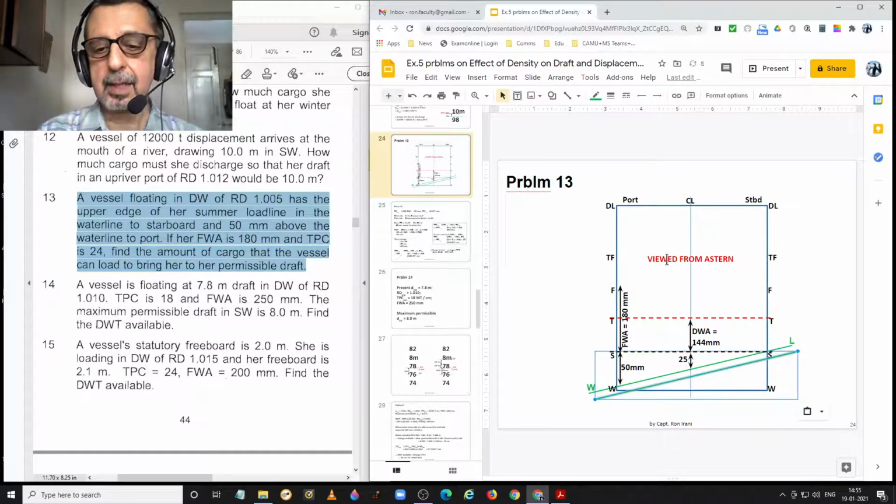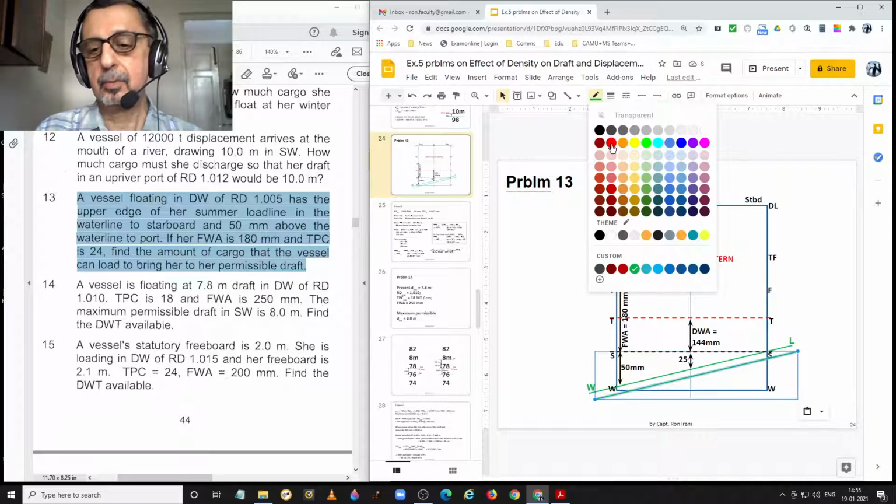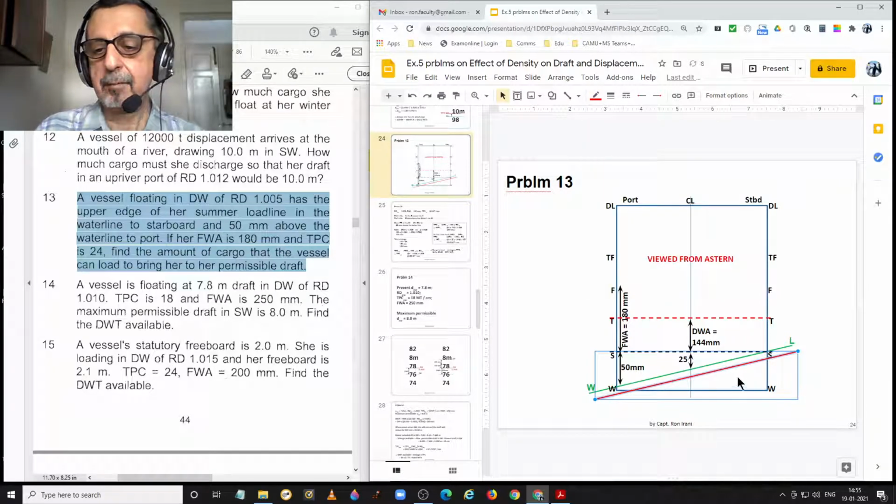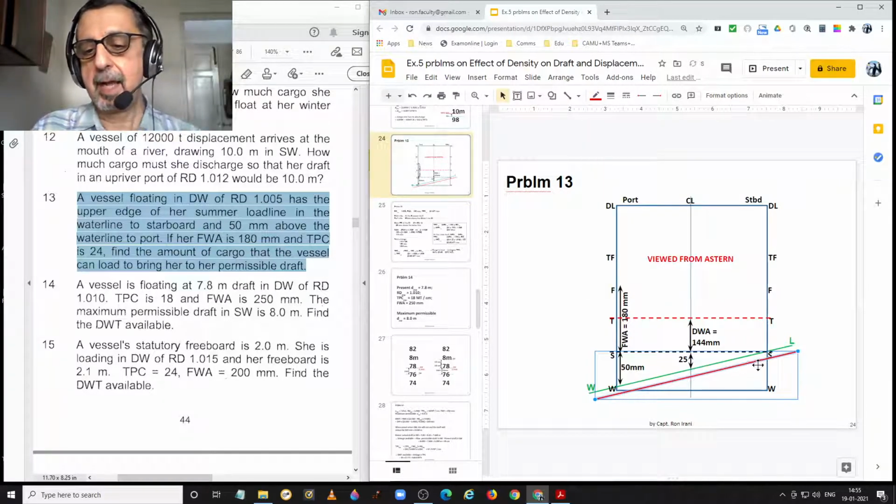If your water line was this, and you saw that on your starboard side, your respective load line is above the water line, and on the port side also it is above the water line, then it is the sum of the two numbers divided by 2.